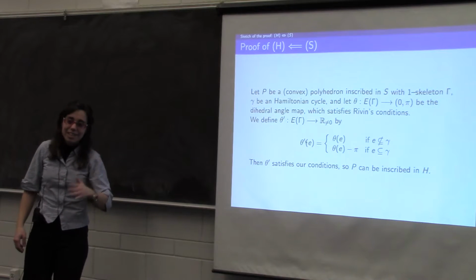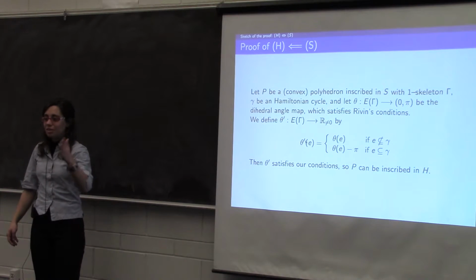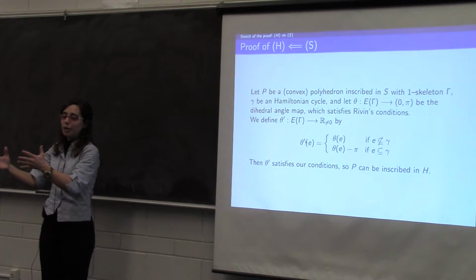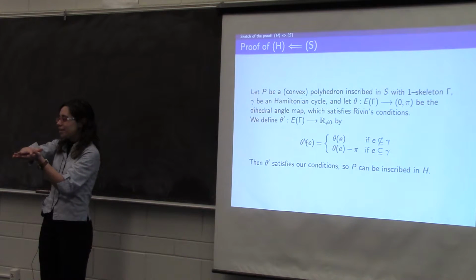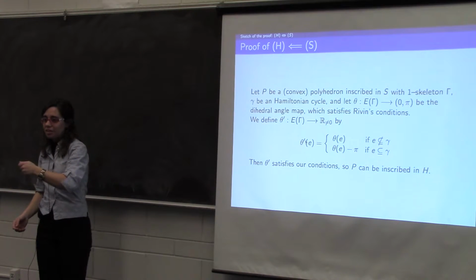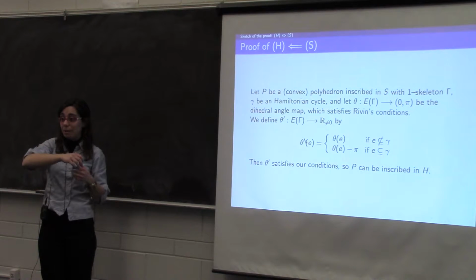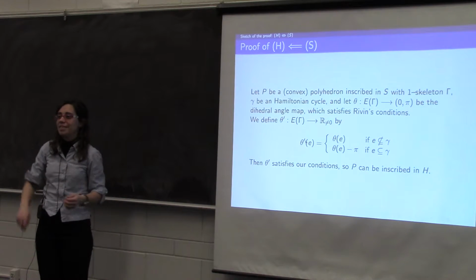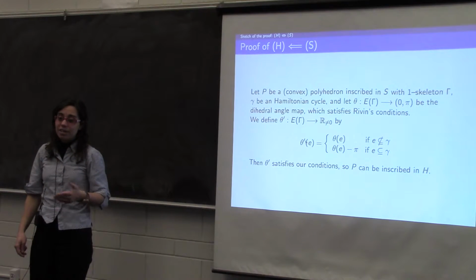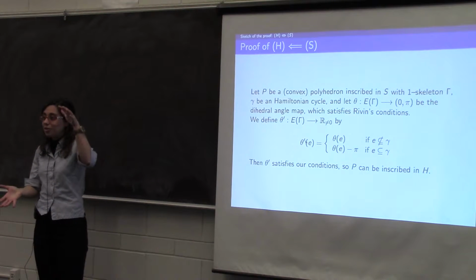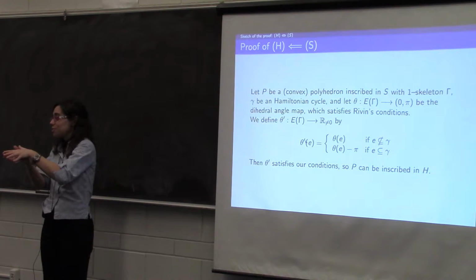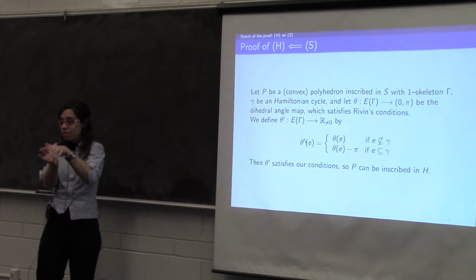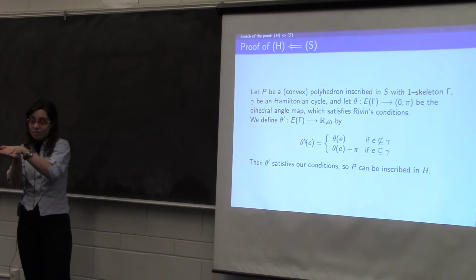Then you can tell me, yes Sara, you showed me the easier direction, right? You already started with something between 0 and pi. Instead, for going in the other direction, you have angles that can be very big, okay? That seems harder. It seems harder, but in fact, what you can do is scale it down. You can see that the conditions are invariant under scaling.